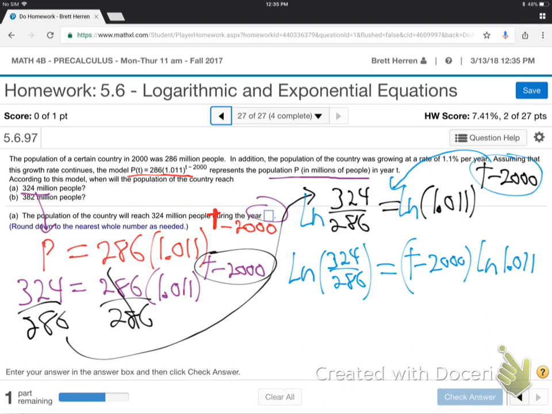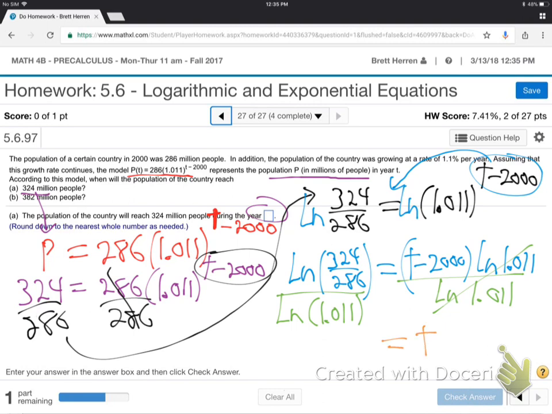You could just divide by the log. I always distribute. You don't. Sometimes you have to distribute, but this one you could just divide. It'd be a little easier. Divide by the ln 1.011. And so now we're getting close.